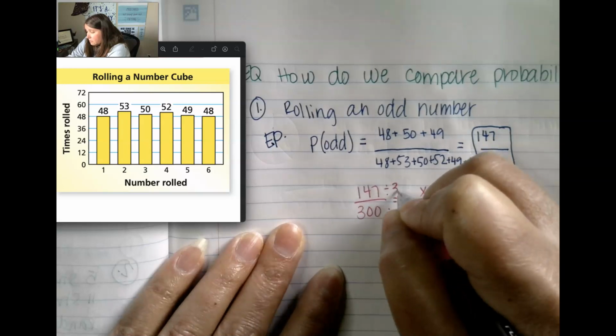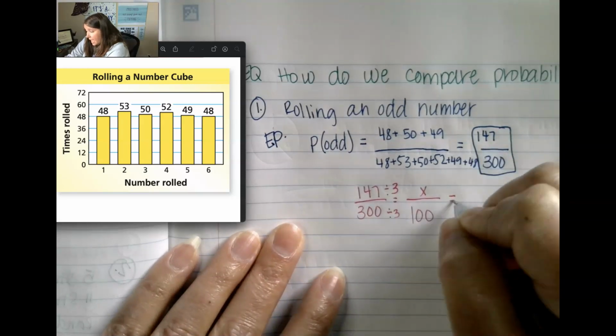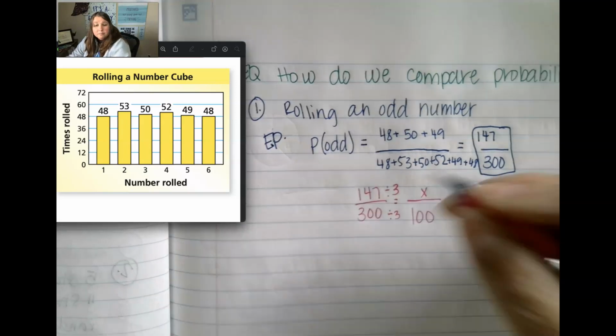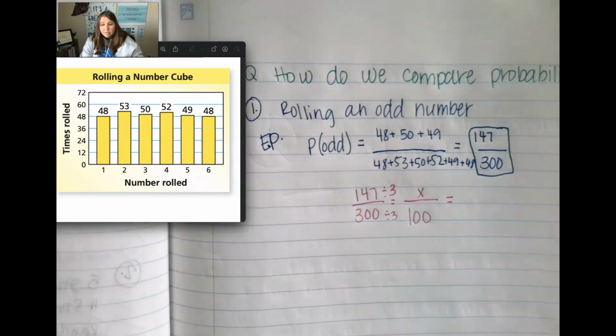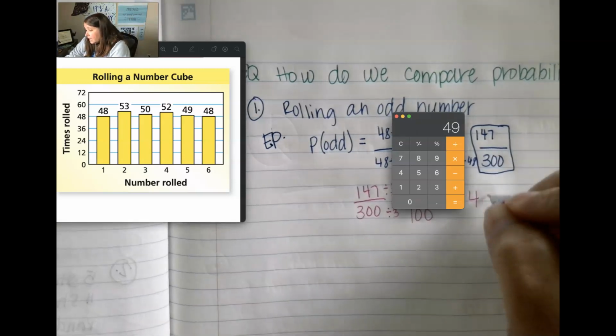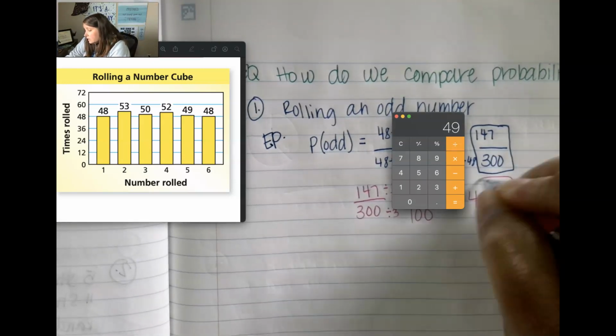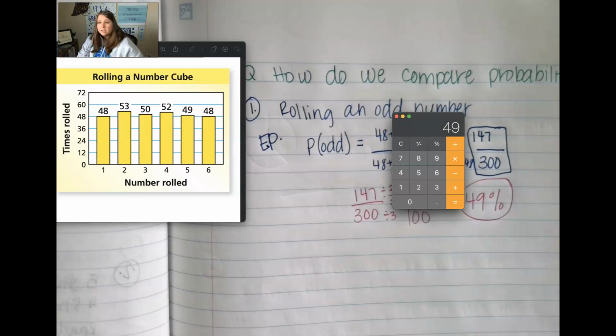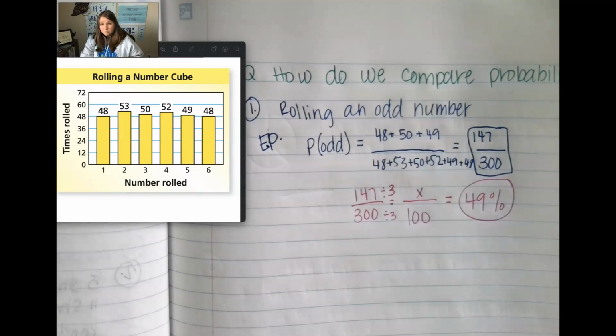So we need to divide by 3 on the top. 147 divided by 3 gives us 49%. So experimental probability has a 49% chance of rolling an odd number.